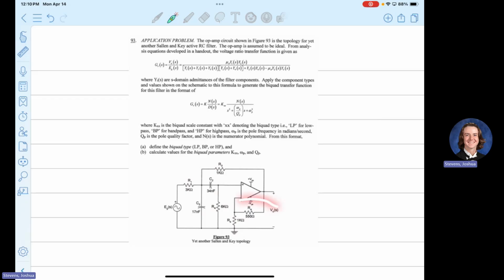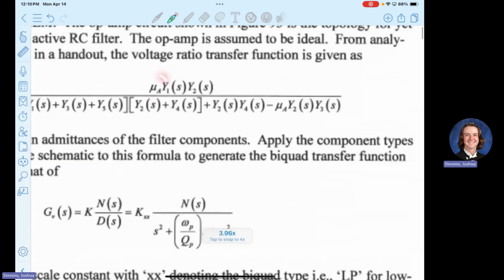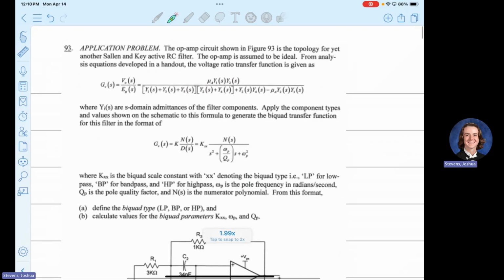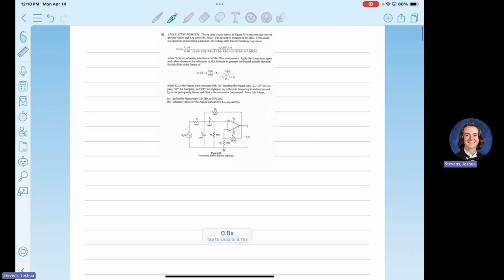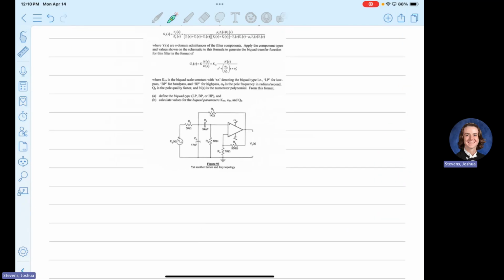But these resistors here are telling me to use a certain feedback equation. It's also found in book 2, chapter 3, but it's kind of hard to find. As you can see in this term, we have this mu A. We don't really know what mu A is until we get the equation for it.